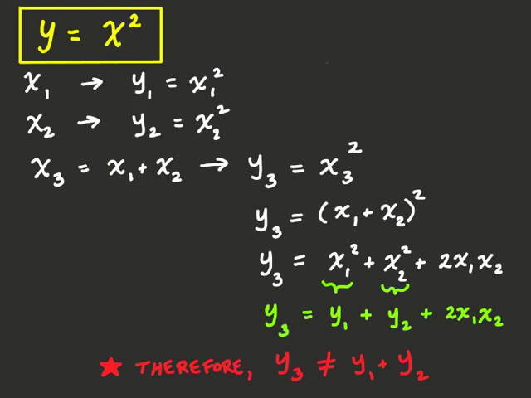Substituting in for x3, x1 plus x2, we find y3 is equal to x1 squared plus x2 squared plus 2 x1 x2. x1 squared is y1 and x2 squared is y2. So y3 is equal to y1 plus y2 plus 2 x1 x2. That shows you that y3 is not equal to y1 plus y2. This system does not have superposition.